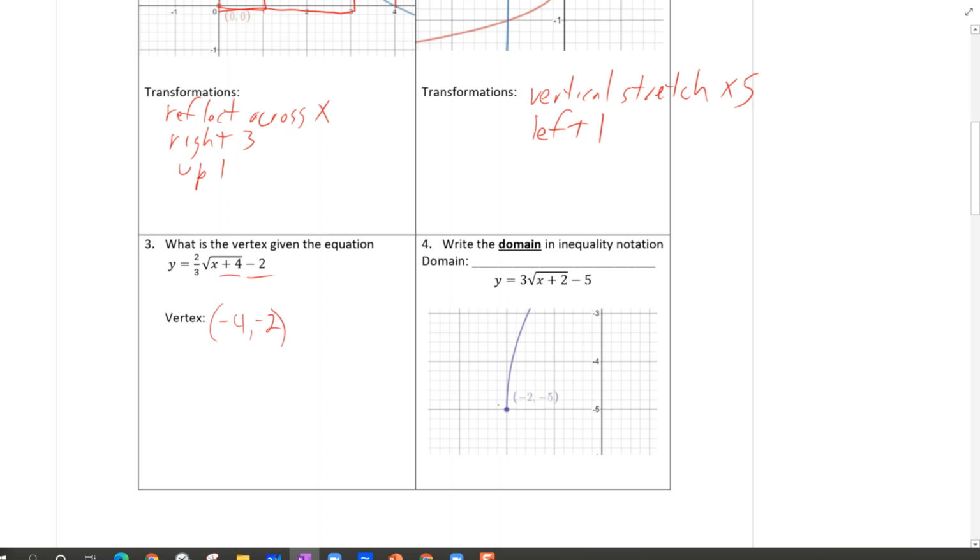Domain, easiest to see from here, x values. It starts at -2 and goes that way. So x is between -2 and infinity.